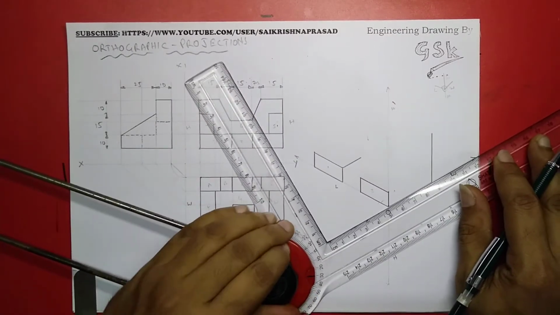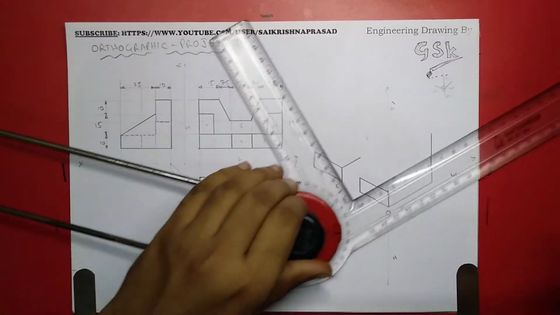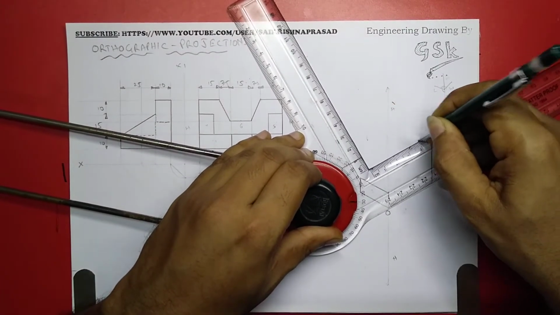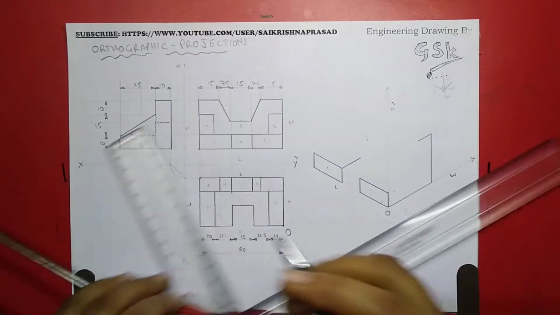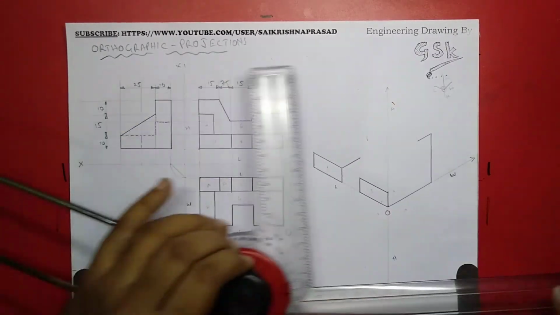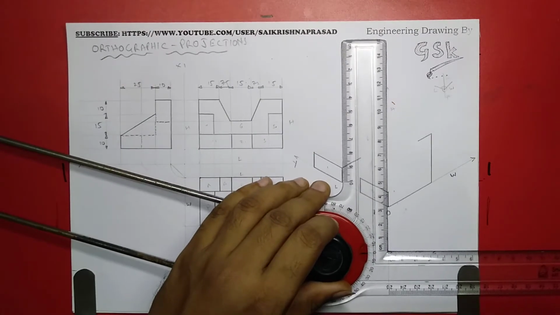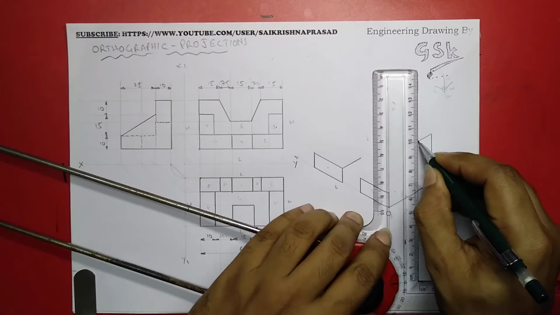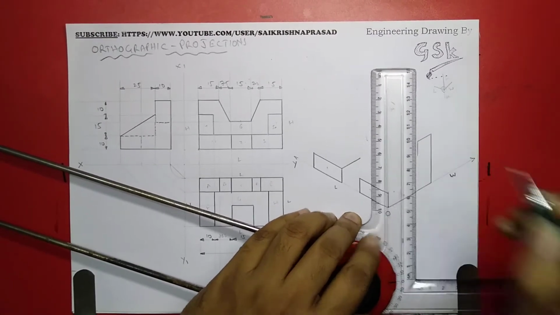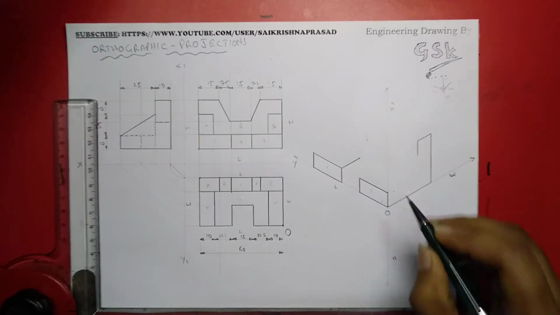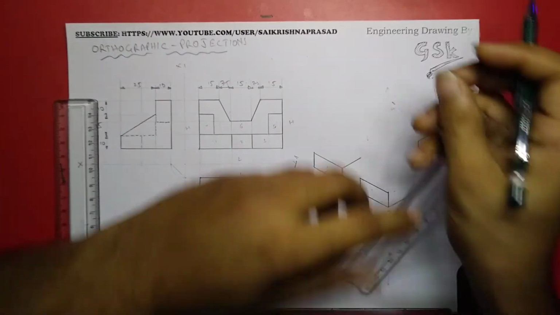Again width, this width is 10. Again we have a drop. And from this edge we have a joining line to this corner, from here to here.